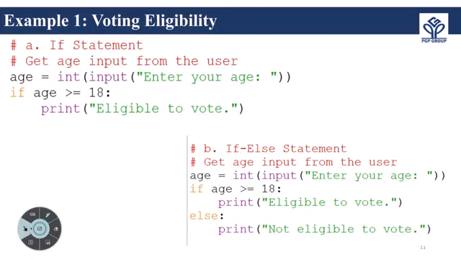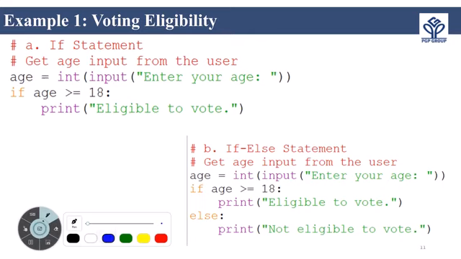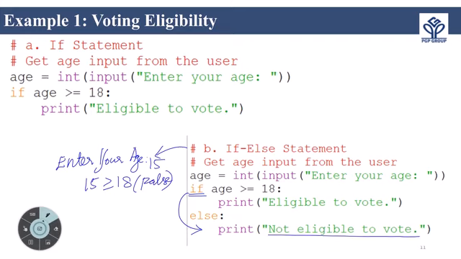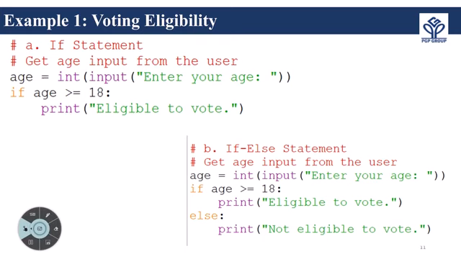See an example for this one: enter your age, we are giving 15. To check the condition, first we check the if condition, age 15 greater than or equal to 18. Is the condition true or false? False. Correct? So we go to the else part to print not eligible to vote. Clear?